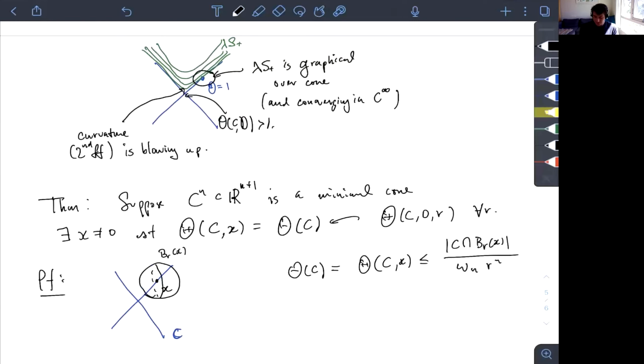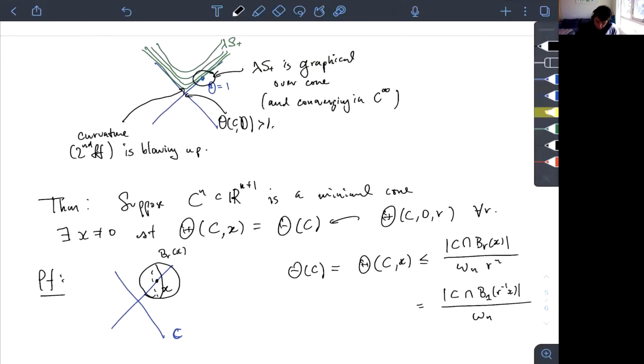The trick here is to observe that this entire picture would be the same if we dilated by r to the -1. So we're going to scale everything down by r to the -1. So I claim that this is equal to the cone intersect the ball of radius 1 at r^-1 x over omega n.